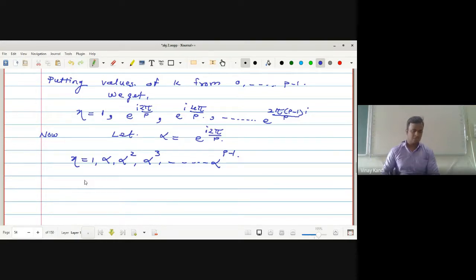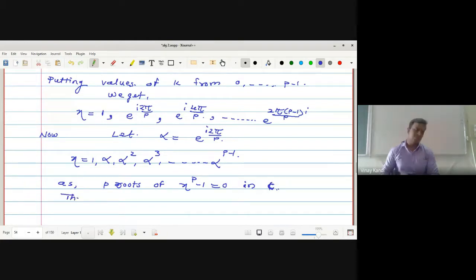Okay, so these are the p roots of x raised to p minus 1 is equal to 0 in the set of complex numbers.